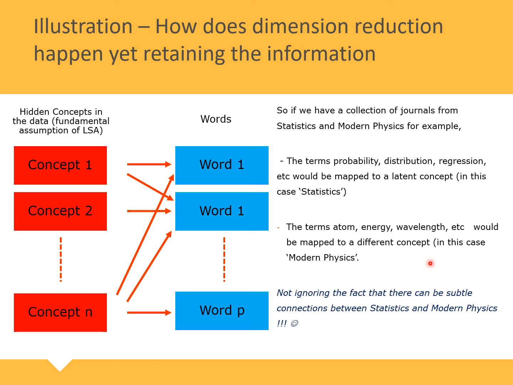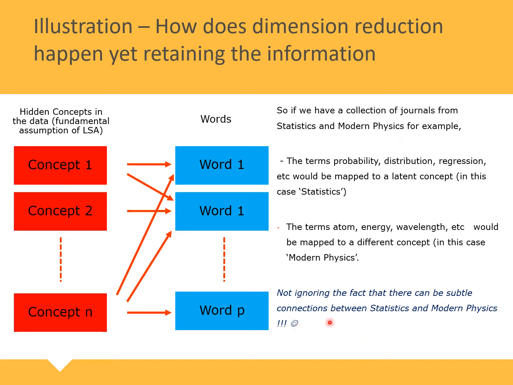This co-occurrence structure, or contextual relationship between the words, will lead you to the conclusion that two of the hidden concepts in the data here are statistics and modern physics.